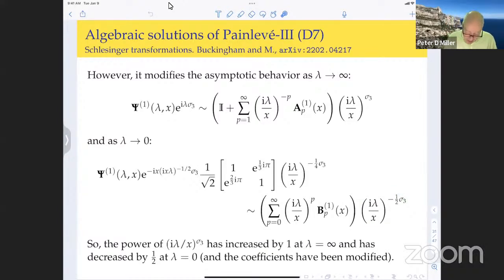So the point is that the power of I lambda over x to the sigma 3 is increased by 1 at infinity, and decreased by a half at 0. That's the effect of going from n equals 0 to n equals 1. And also the coefficients have changed. So now we have AP1 and BP1 like that. Okay, so that's going up 1. So the powers have gone up 1 there at infinity and down by a half at 0.